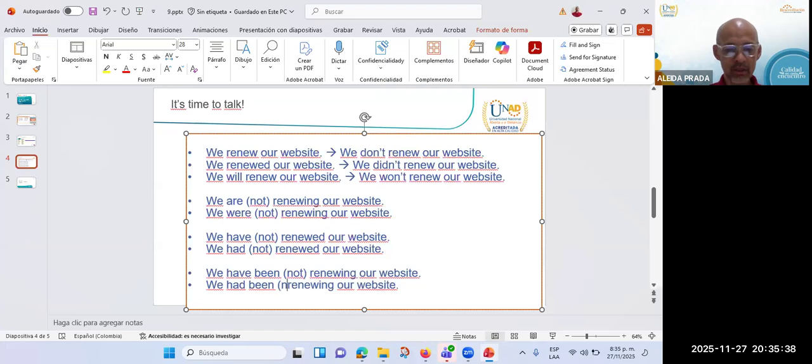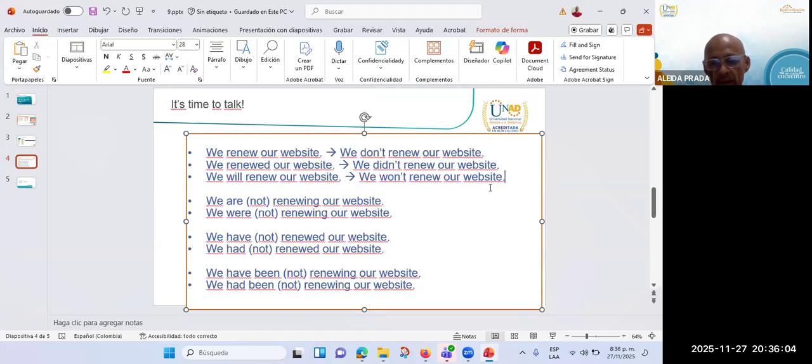And not like this. So this is something we have to handle, we have to know, because we have to use all the tenses in English. We don't use only present, only past. No, we have to use present, past, future. Okay? So these are a general idea about all the tenses.